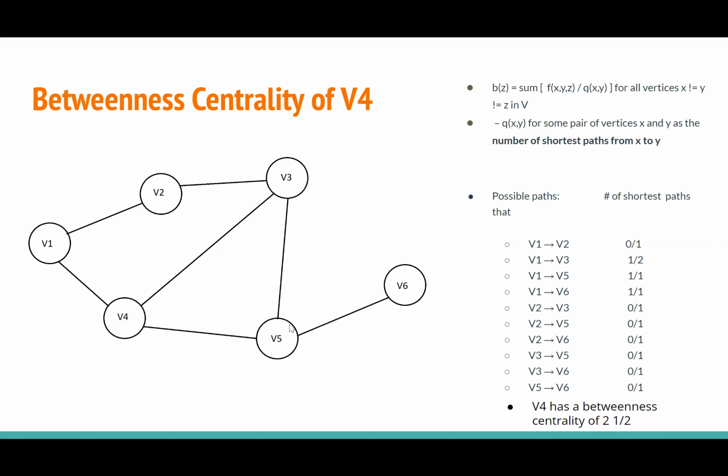Same for V3 to V5, V3 to V6, and V5 to V6. So if we add all these together, because it's a sum, 1 over 1 plus 1 over 1 plus 1 over 2 is 2.5. So V4 has a betweenness centrality of 2.5.